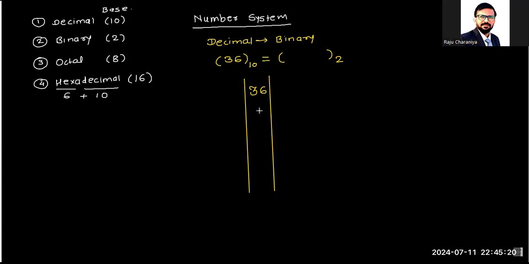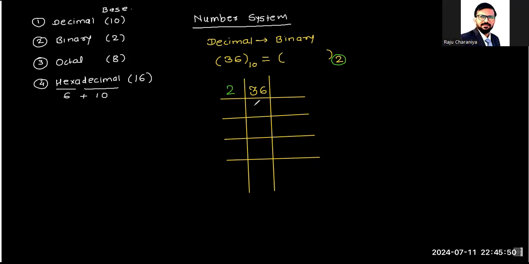We use this for the division method too, like when we used to take out LCM and HCF. The only difference is that we take 2 as the number to divide, because in binary the base is 2, with two digits, 0 and 1.